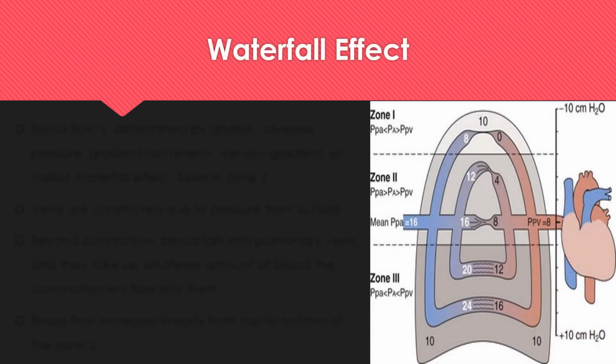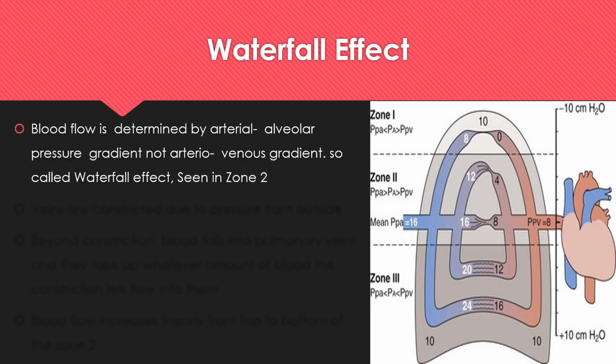This is called the waterfall effect. Usually the blood flow is determined by the arteriovenous gradient. Here it is determined by the arterioalveolar pressure gradient. That is why it is called the waterfall effect, which is seen in zone 2, because changes in the downstream pressure or the venous pressure do not alter the blood flow.